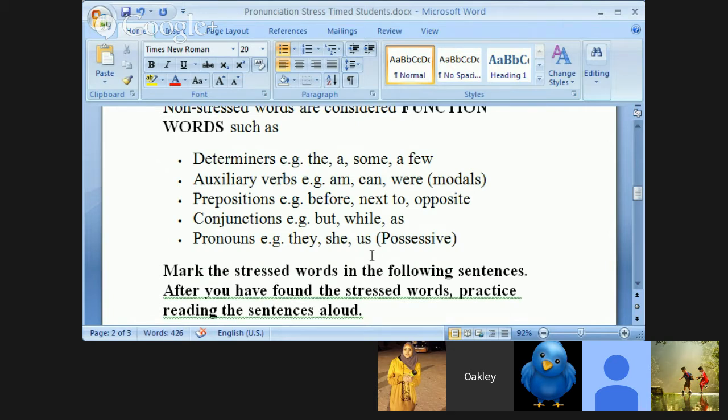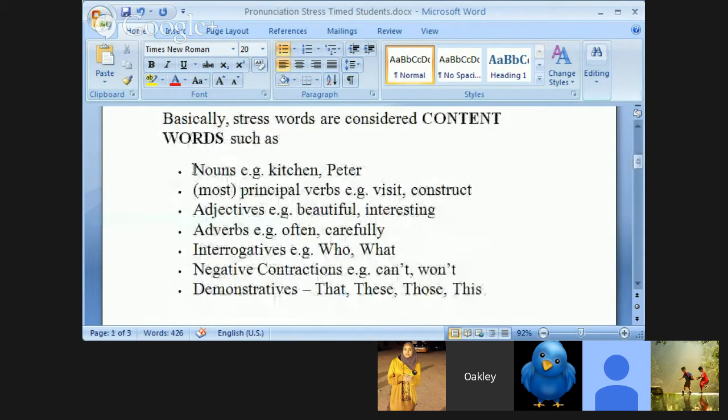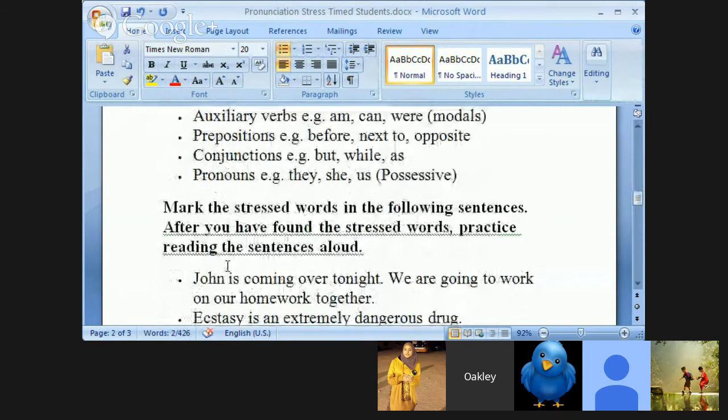Okay, we're going to do a little exercise together now. If you remember the content words, the four principal word forms, nouns, verbs, adjectives, adverbs, in addition, interrogatives, negative contractions, and that, these, those.